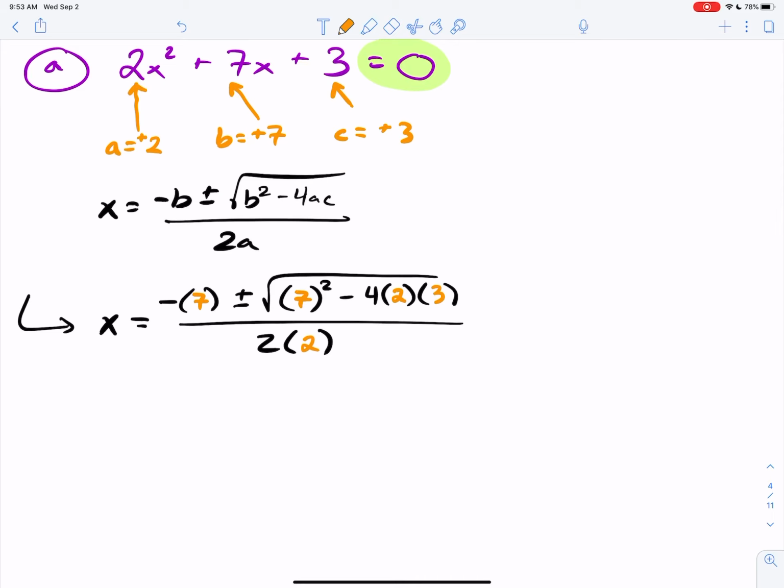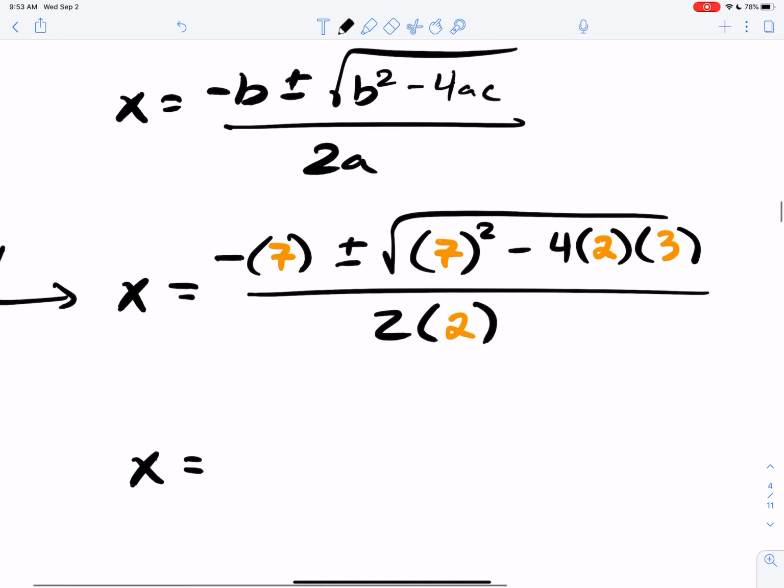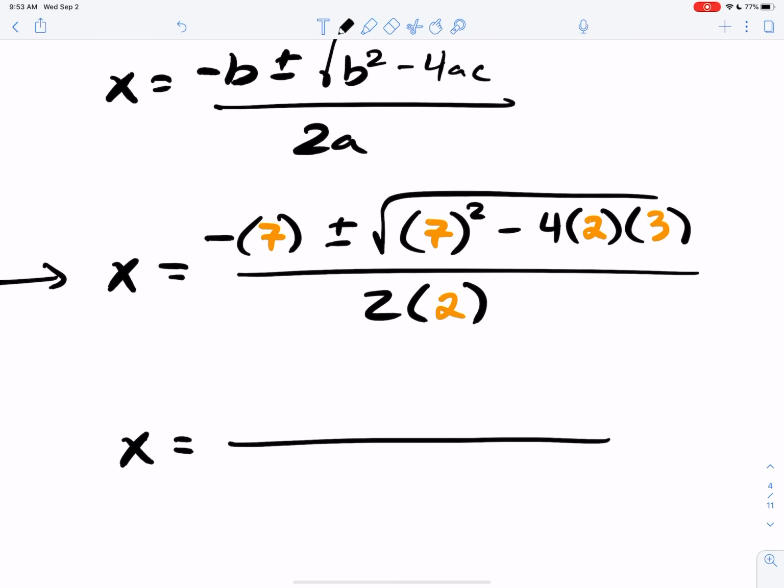Okay, that's probably the toughest part. The rest is just making it look a little bit easier. So now we're going to have x equals, well, obviously, we'll take care of the easy parts. Like down below, 2 times 2 is really just 4. The negative times the 7 here is just negative 7 plus or minus the square root.